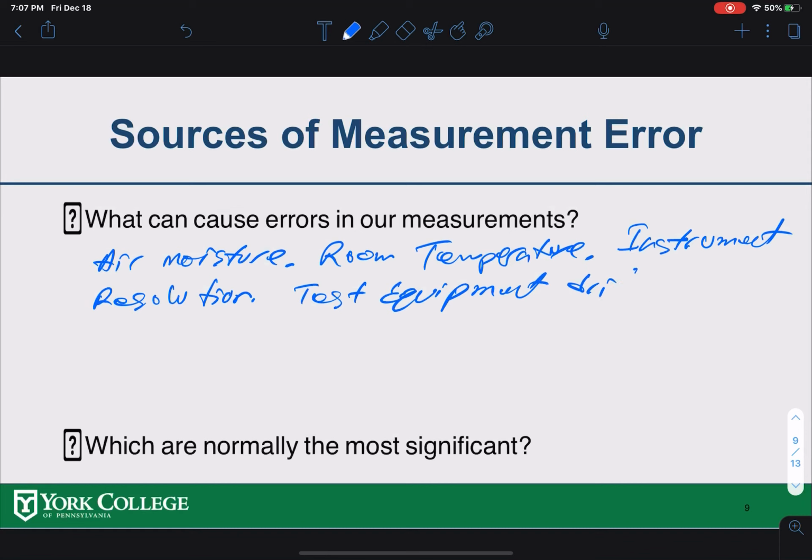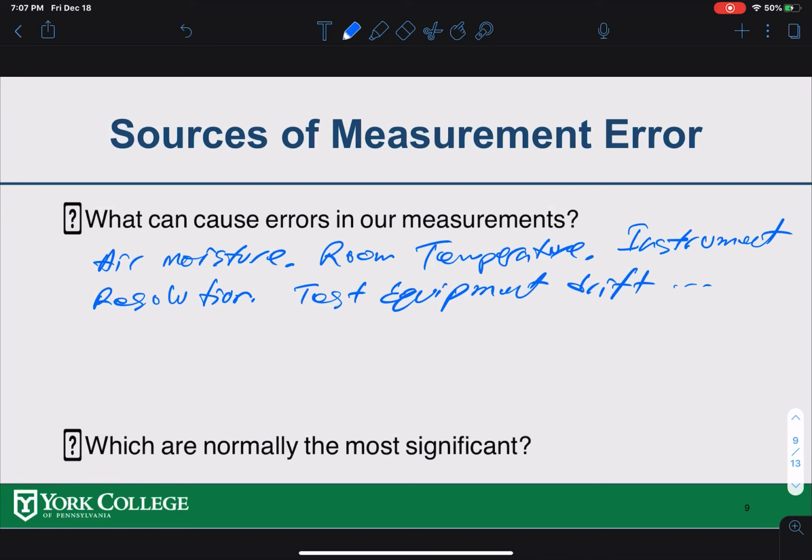The drift means that as it gets older, it basically tries to deviate from its actual calibration. So it's good to calibrate equipment every year or often to make sure that they're not drifting from their true value, and so on.